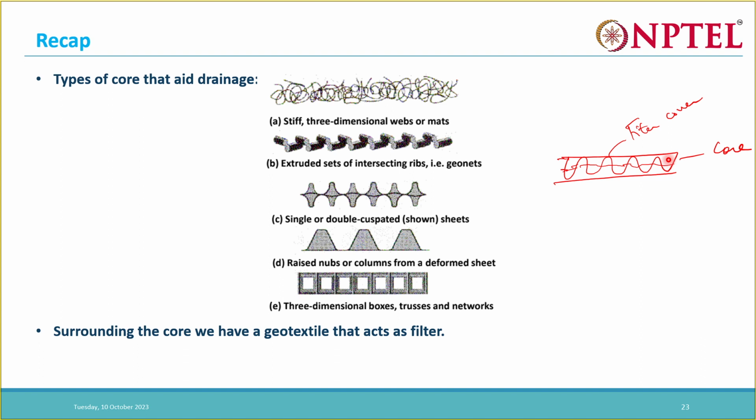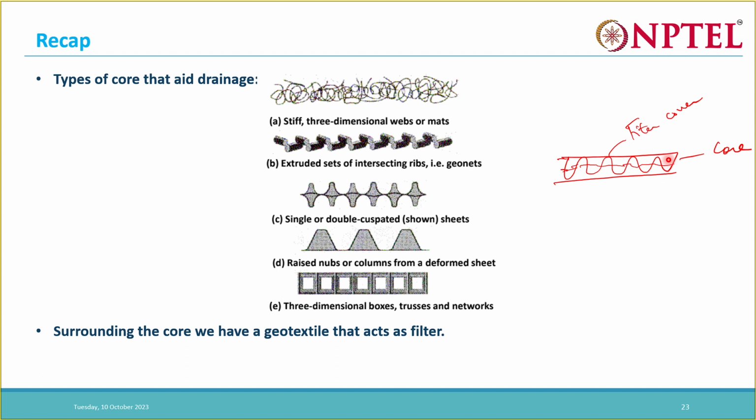If you remember the PVDs, the prefabricated vertical drains that we use, they had an outer covering, and inside we had a core. Outside we had a geotextile, and inside that we had a corrugated PVC sheet kind of thing, right?